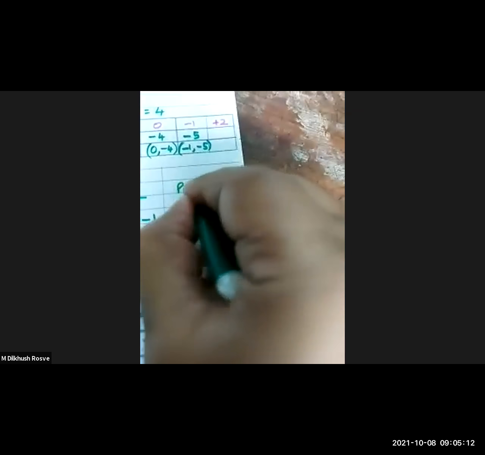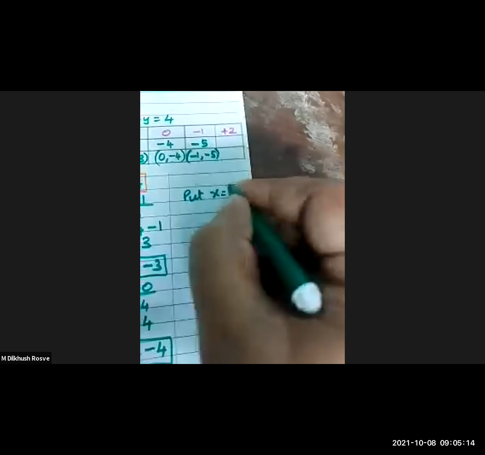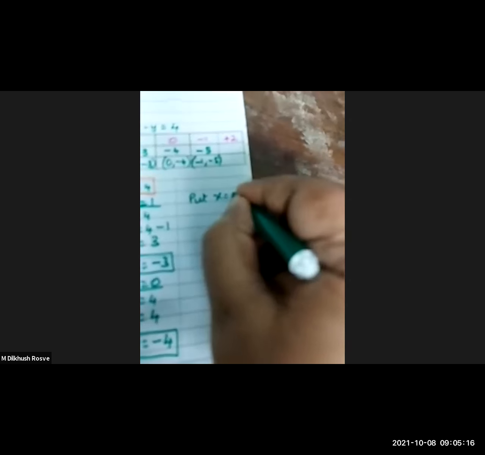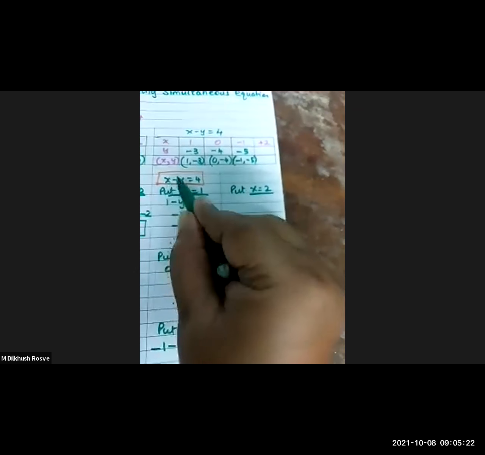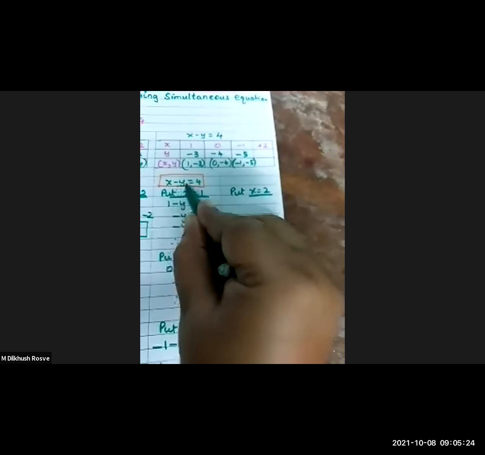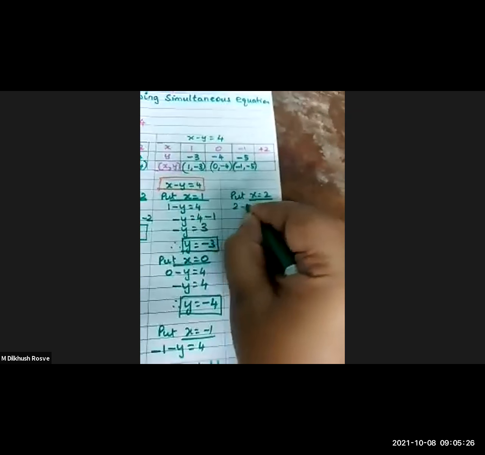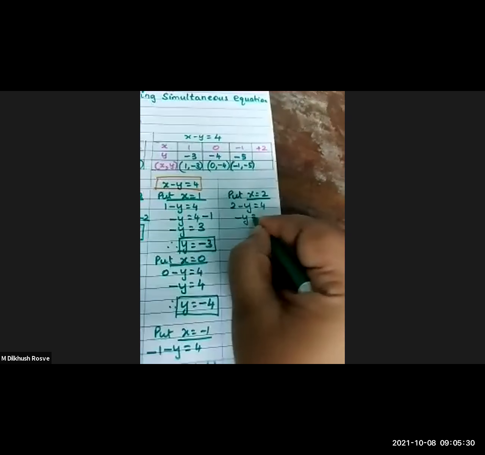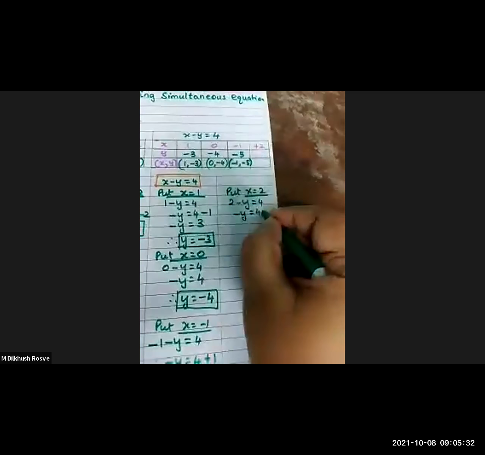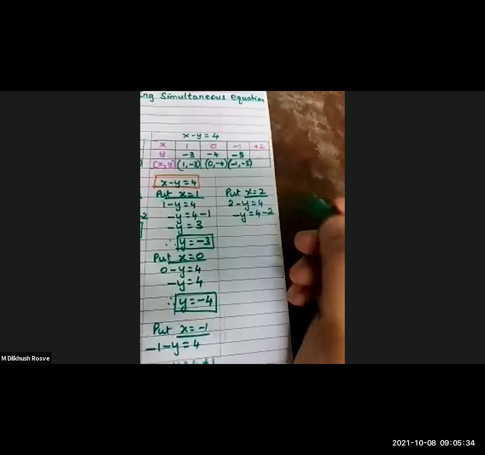Yes. And then one more value is there. So put x equal to 2. So instead of this x, substitute this 2 here. So 2 minus y equal to 4. Minus y equal to 4, this plus 2 comes this side, it becomes minus 2.